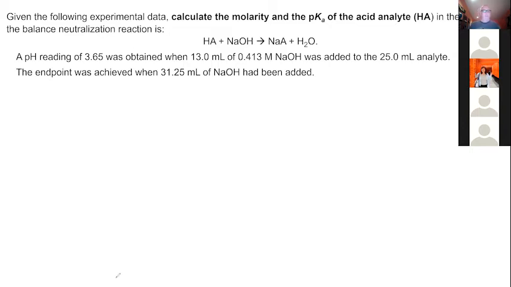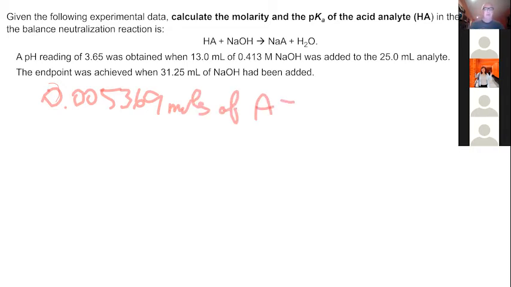To review, we had 0.005369 moles of A minus, and we had 0.007541 moles of HA.